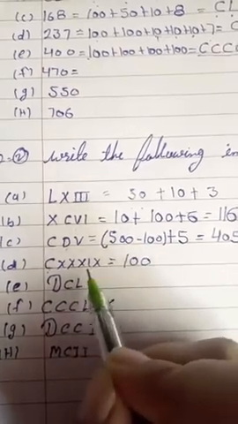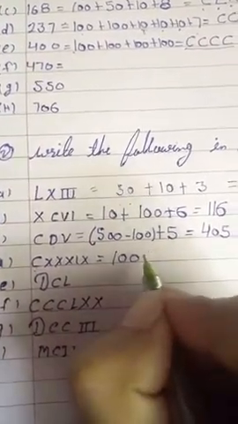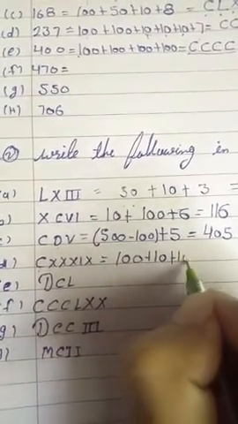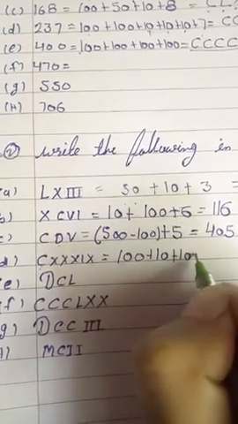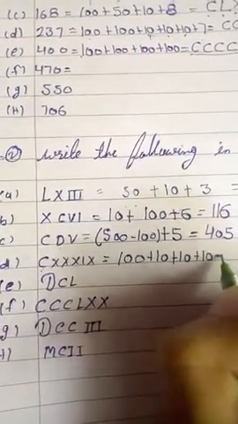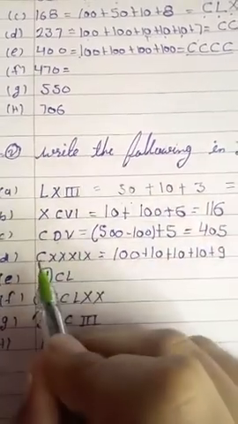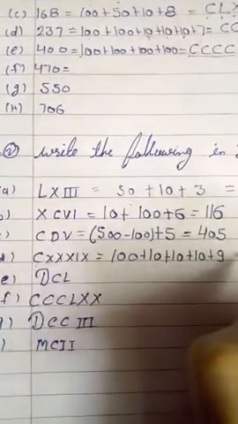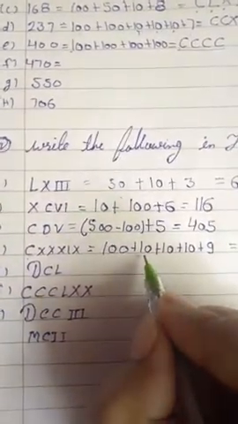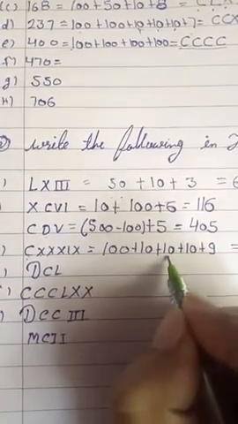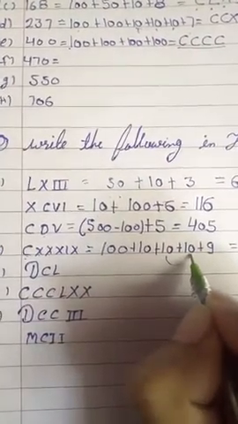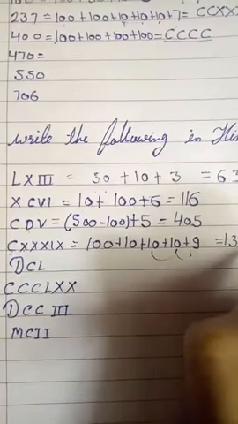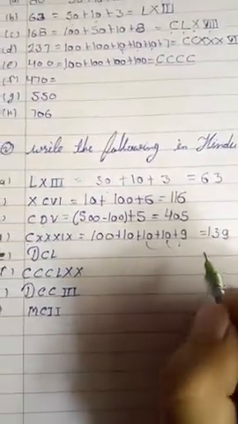Then add all the Roman numbers: 100 plus 10 plus 10 plus 10 plus 9. 100 plus 10, 110, 120, 130, plus 9, 139. So the answer is 139.